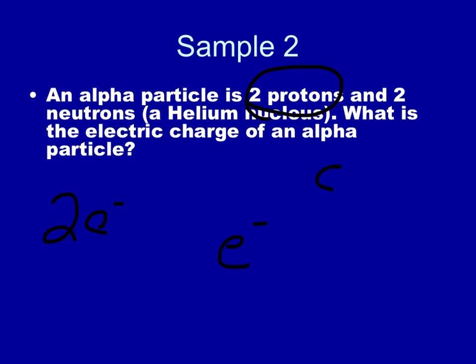I want coulombs on the top, and of course I know that 1.6 times 10 to the negative 19th coulombs is equal to 1 e. Your e's cancel out. So you're going to get 3.2 times 10 to the negative 19th coulombs. Now it's positive since they're protons, so that's the charge.